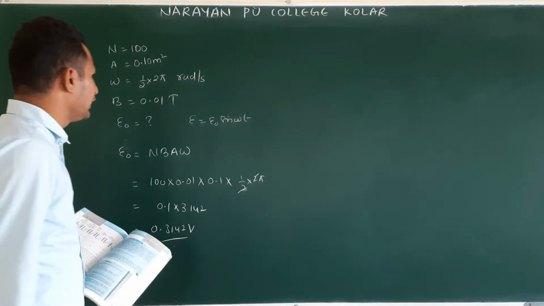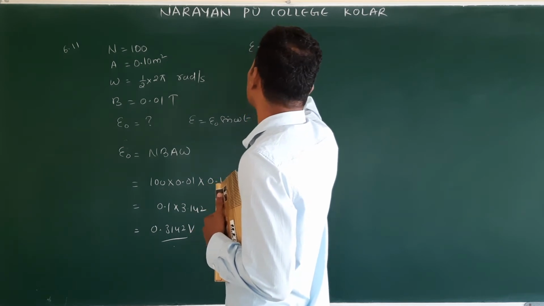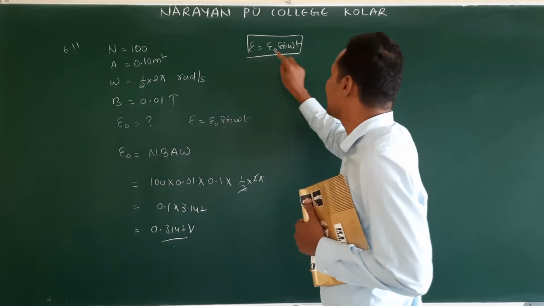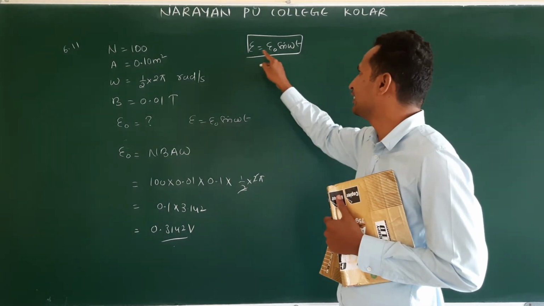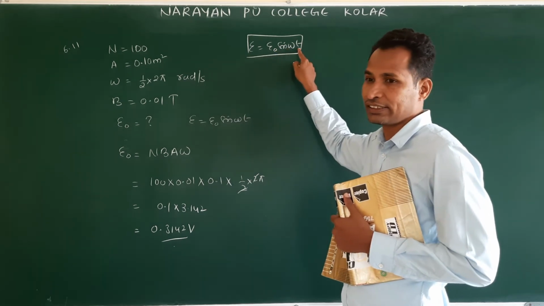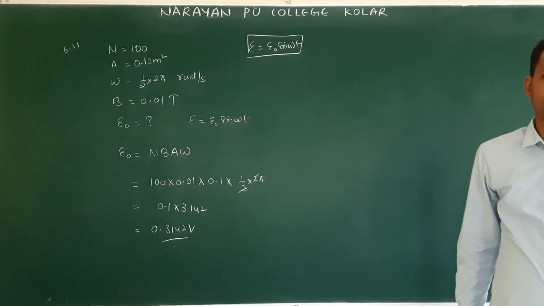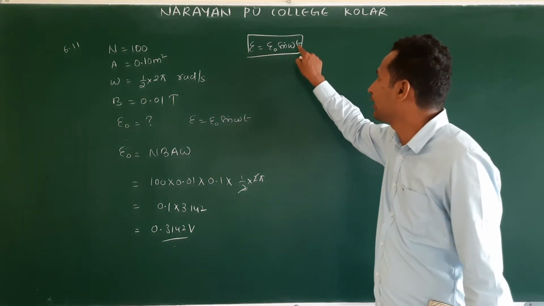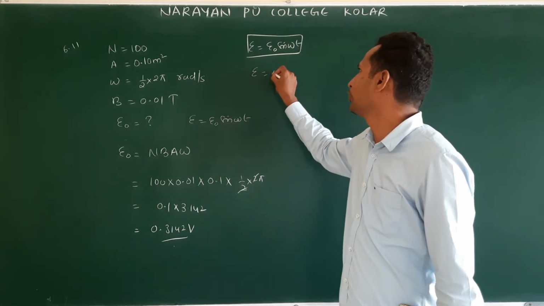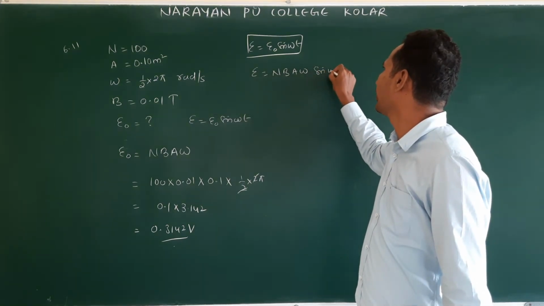So what does this equation represent, you may have a doubt. E is equal to E naught sin omega t represents the instantaneous EMF. If a particular time is given, we substitute that time here to get the EMF at that instant: E is equal to N B A omega sin omega t.